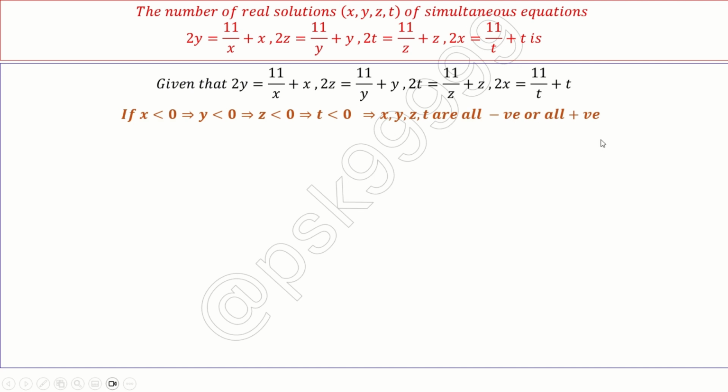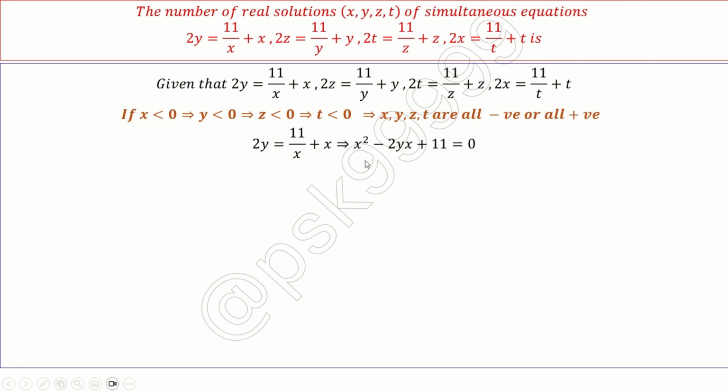This is one very important thing to note down. This will make sure that you get the right number of solutions for these equations. Otherwise you may go wrong with the number of solutions. Now 2y equal to 11 by x plus x, which means x square minus 2yx plus 11 equal to 0. Let's assume this is a quadratic equation in x.